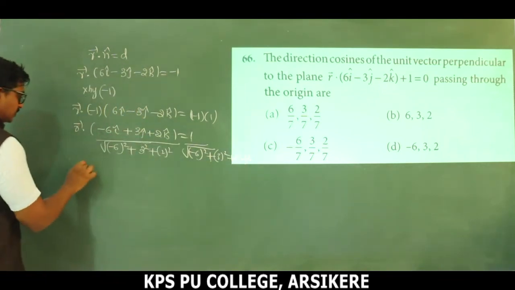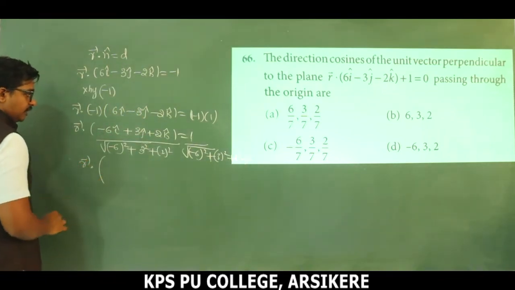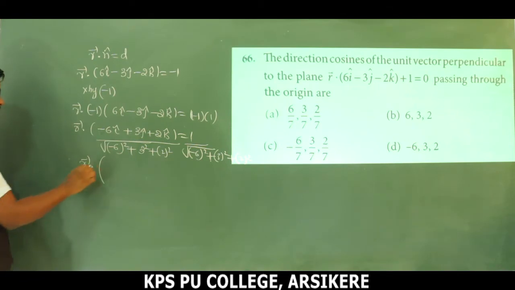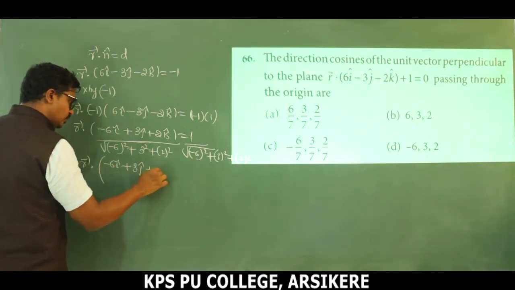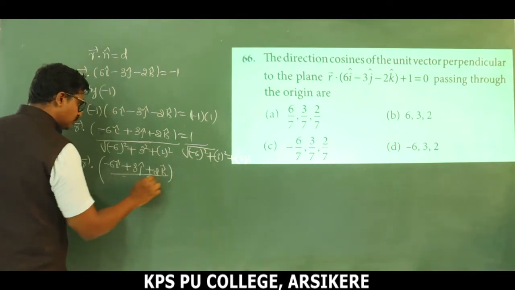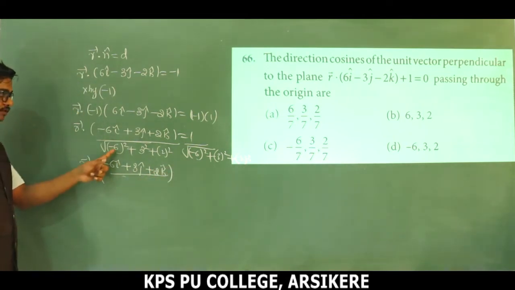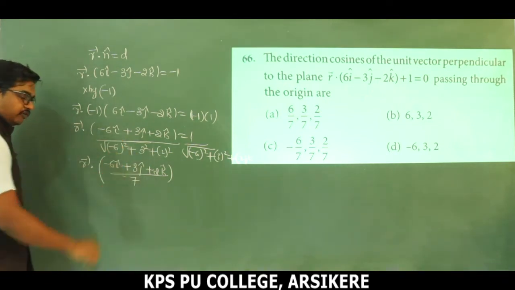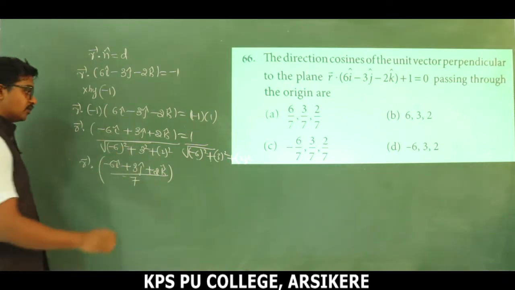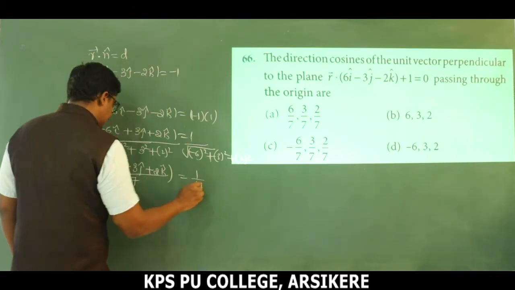So this becomes vector r dot (minus 6i cap plus 3j cap plus 2k cap) divided by the root of 36 plus 4 plus 9, which is 49, and the root of 49 is 7, is equal to 1/7.